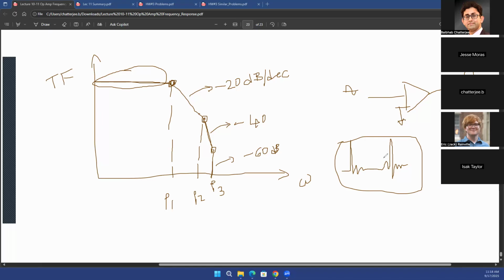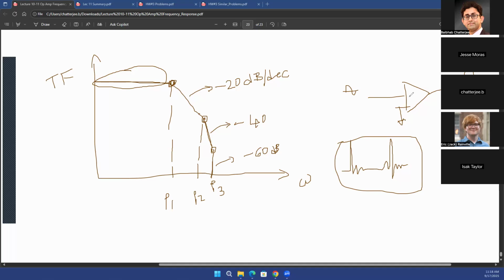You can decompose it in that way using Fourier transforms. What that means is that you want to have the same gain for all those frequencies. Otherwise, at the output, you'll not have this. If you don't have the same gain for all those frequencies, your output will not look the same as the input. It will not look like an amplified version, but it would start looking like a very different waveform.